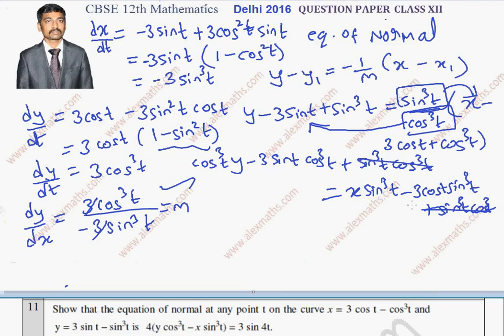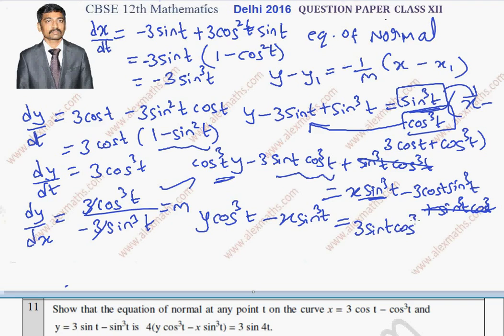Then in the proof I have y term first. So I will keep this here, y into cos cube t. This x term I will carry to the other side as minus x into sin cube t, equal to this term I'll take to the other side with plus. So 3 sin t cos cube t minus 3 cos t into sin cube t.